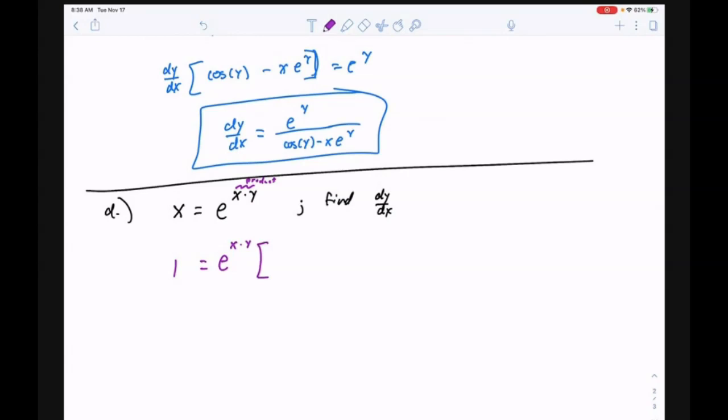Yeah, I think so. So we should write down the e to the xy. No. So we got to differentiate. It's product rule. 1 times y plus dy dx times x. There we go.